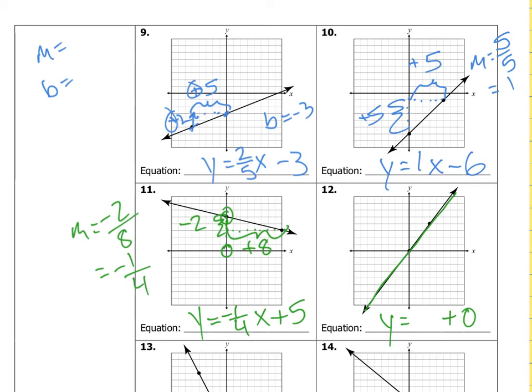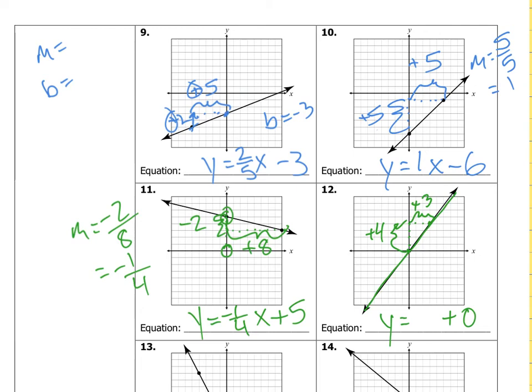Now we have to think about slope too, though. So let's calculate slope. I have to go from this dot to this dot. So I'm going to go up 1, 2, 3, 4. Okay, so that's a plus 4. Then I have to think about how far over. 1, 2, 3. Looks like a plus 3. Not quite what I anticipated, but that's okay.